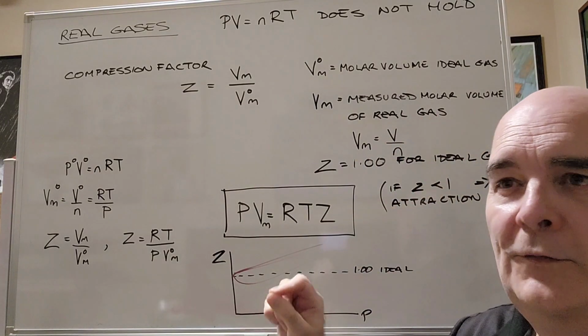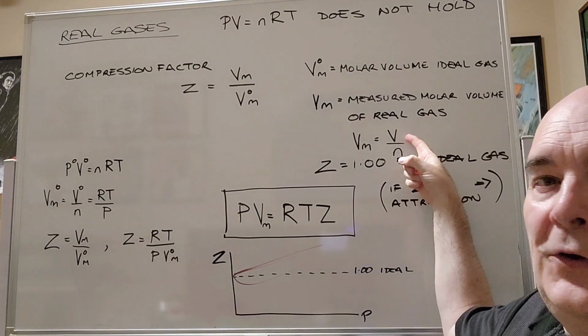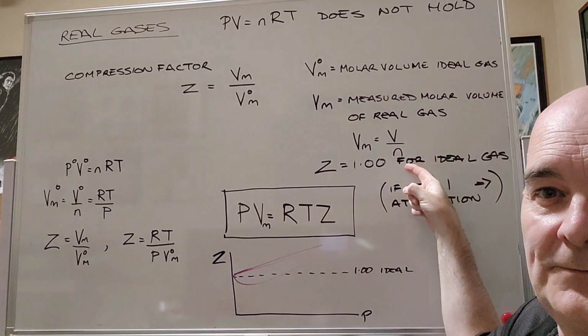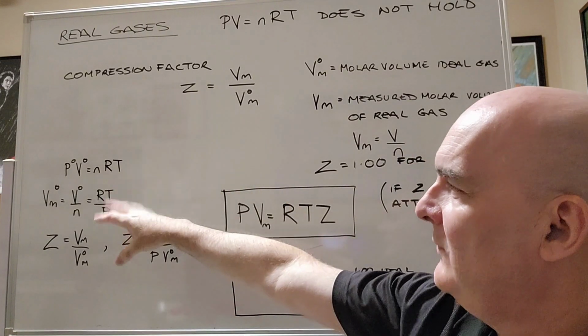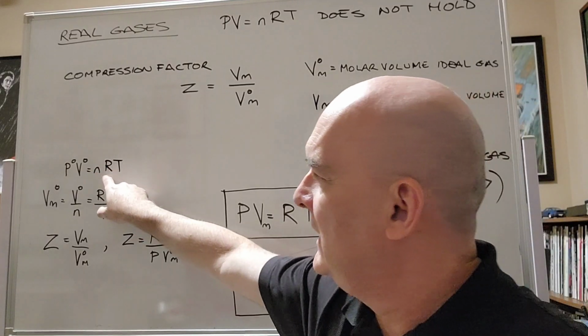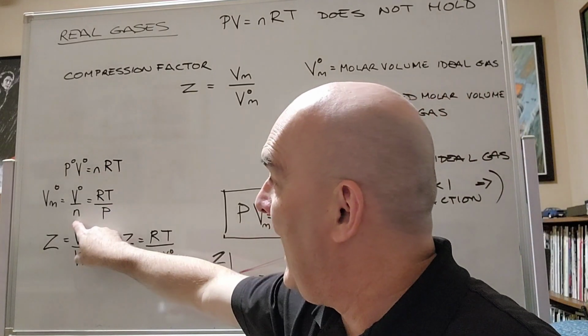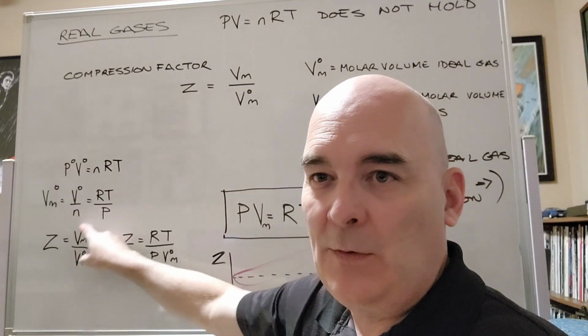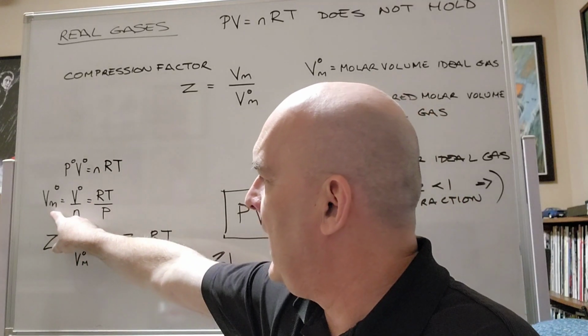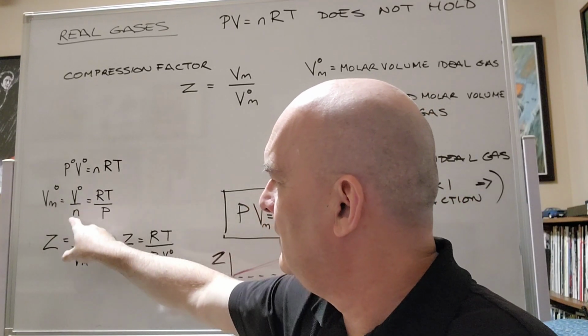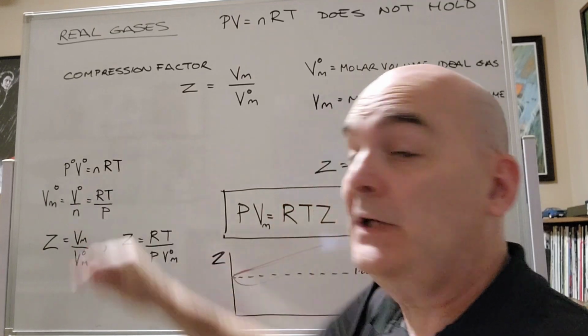Now, molar volume is the volume per mole. So when we go back and look at PV equals nRT, V over n, that's our molar volume. So V0m equals V0 over n, which is equal to RT over P.